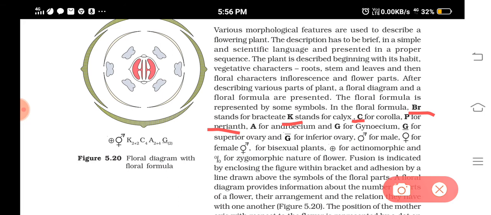Then A for androecium, G for gynoecium. In the G, if there is a line below it, that means a superior ovary.